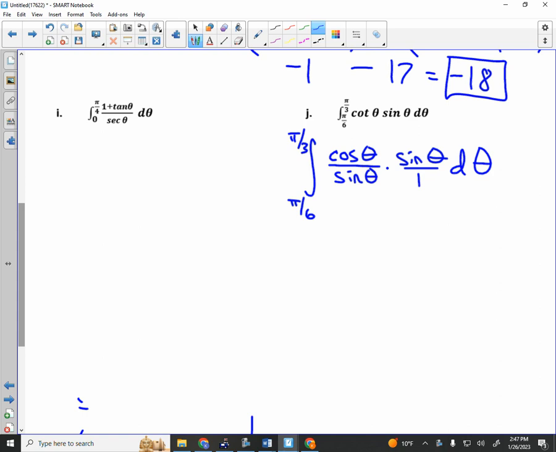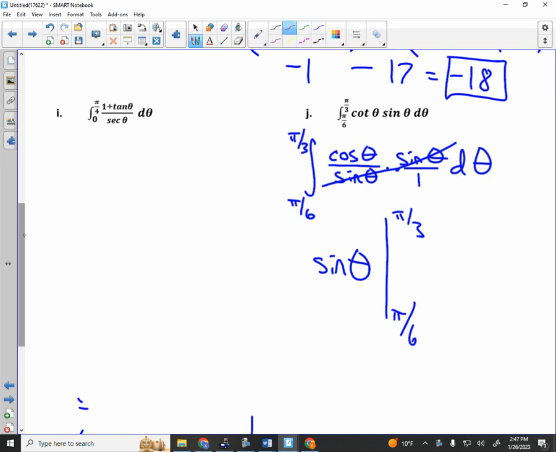Notice here how the sines cancel. So I'm left with the antiderivative of cosine, which is just sine. I would like to evaluate that at pi over 3 and at pi over 6.